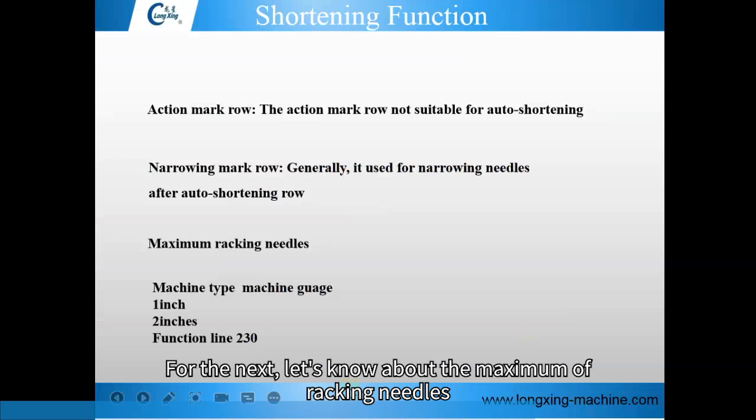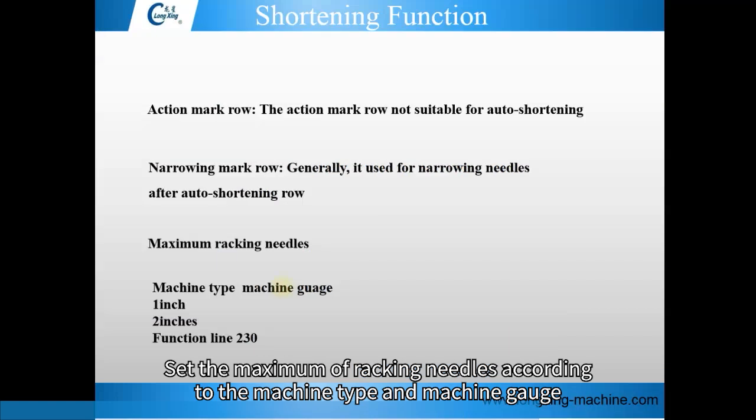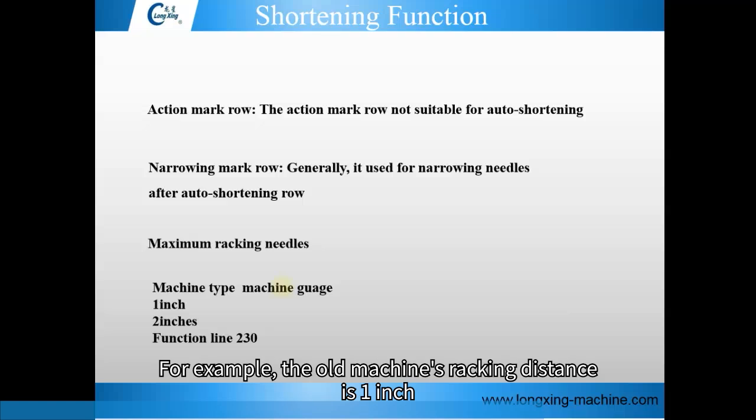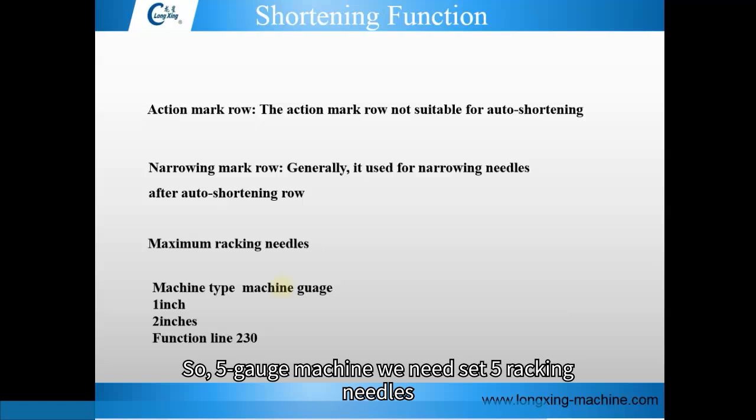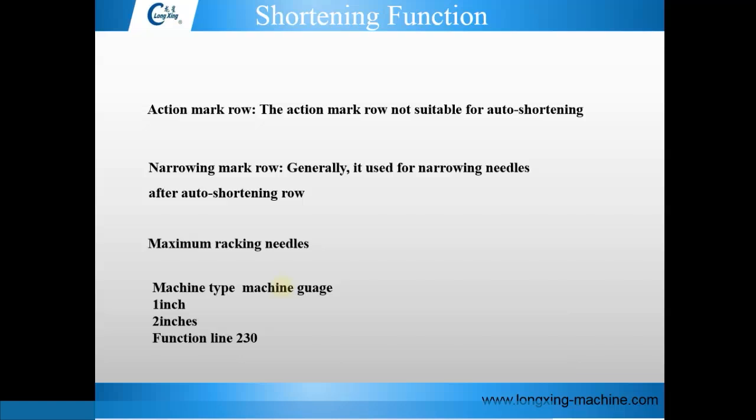For the next, let's learn about the maximum of racking needles. Set the maximum of racking needles according to the machine gauge and the machine type. For example, the old machine's racking distance is 1 inch, so for a 5 gauge machine we need to set 5 racking needles. For a 12 gauge machine we need to set 12 racking needles.